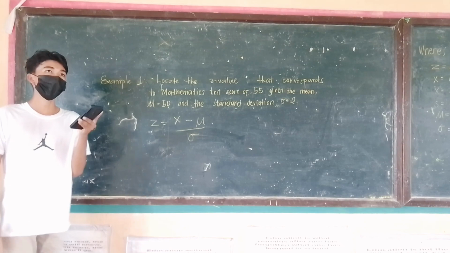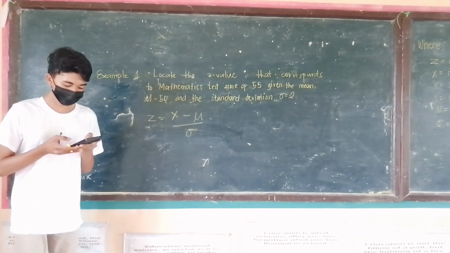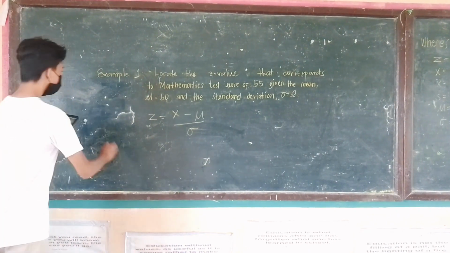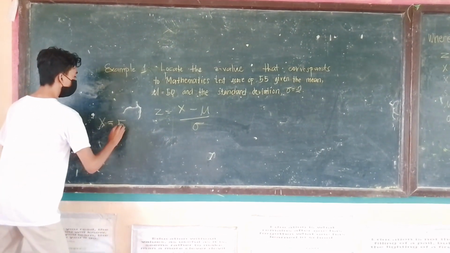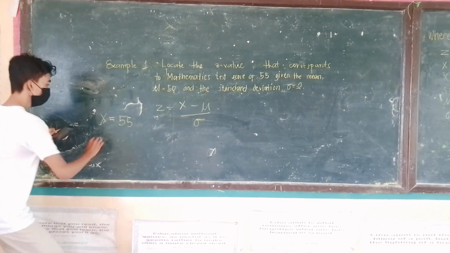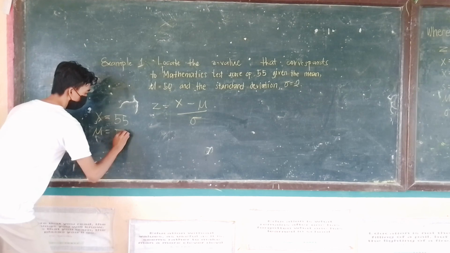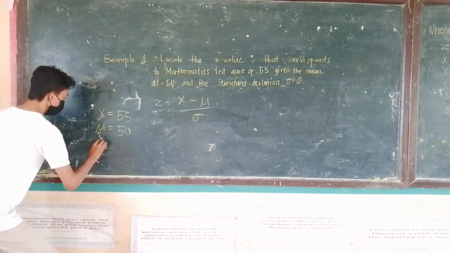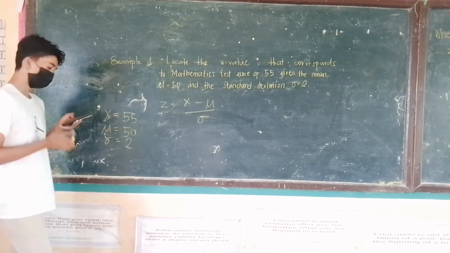The next step is to write the given values. So we have x is equal to 55, mu is 50, and sigma is equal to 2.